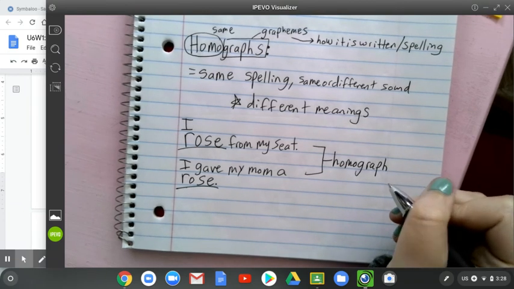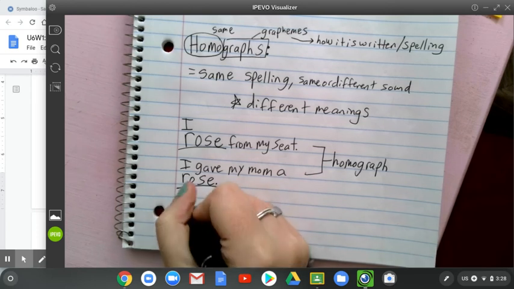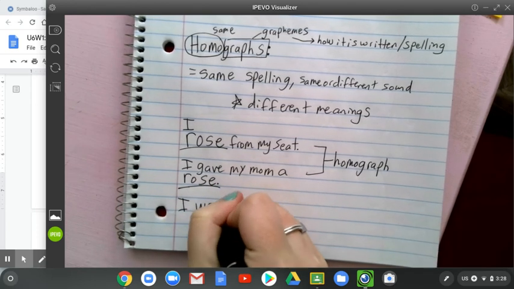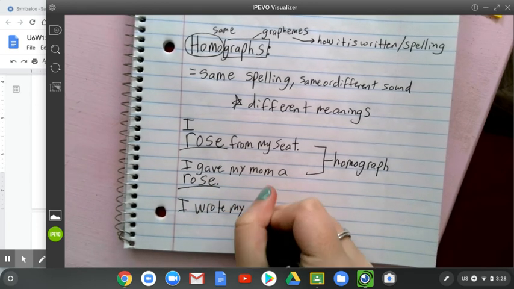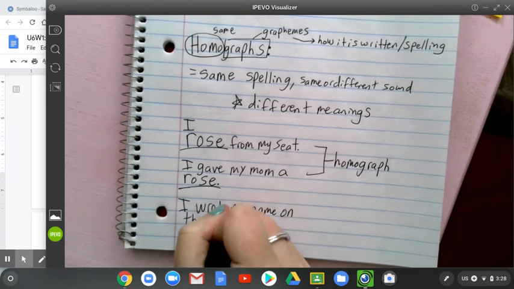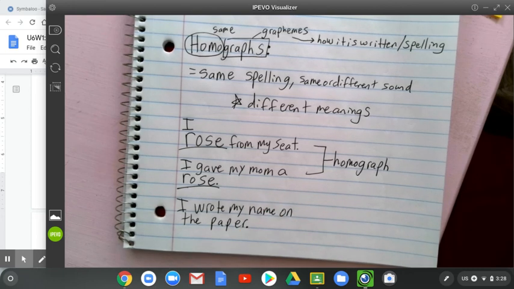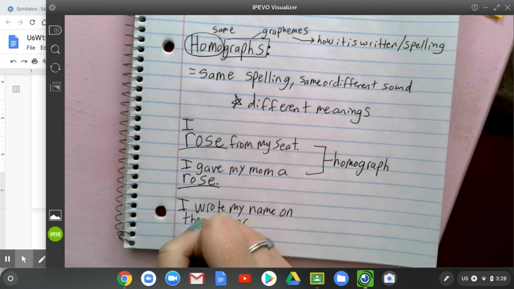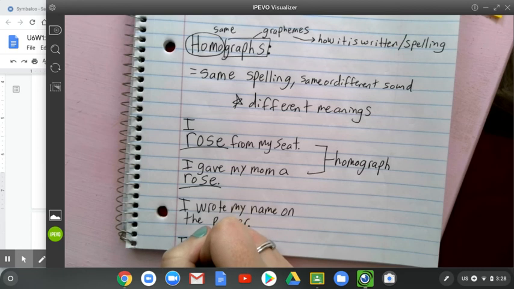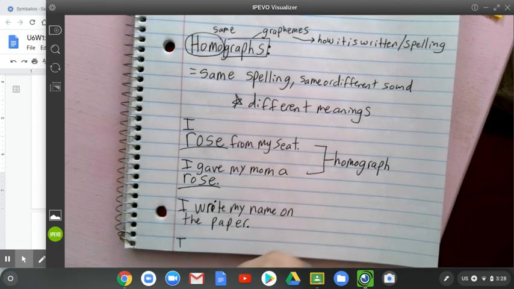All right, let me give you another example here. And I want you to tell me if it is a homograph or a homophone. I wrote my name on the paper. Okay, or I write my name on the paper. Oops.